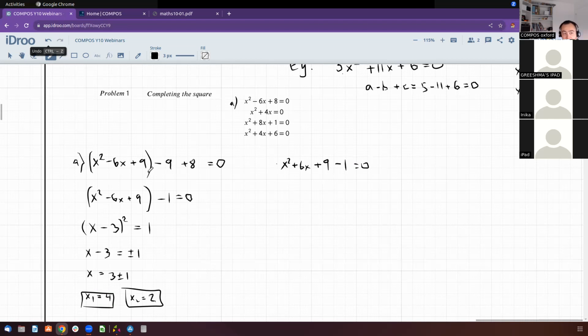So you can say plus 9 minus 9 plus 8, or you can say plus 9, and what do we need to get 8? Well, minus 1, so 9 minus 1. But in both cases, it's the same thing. x minus 3 squared minus 1 equals 0, and so on, which brings you here.